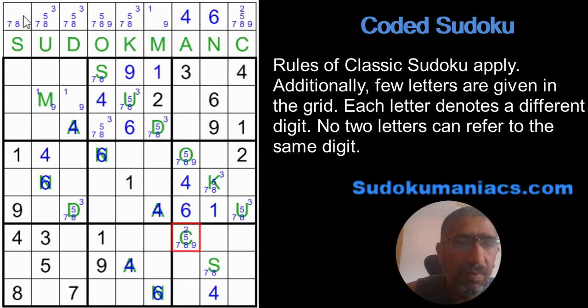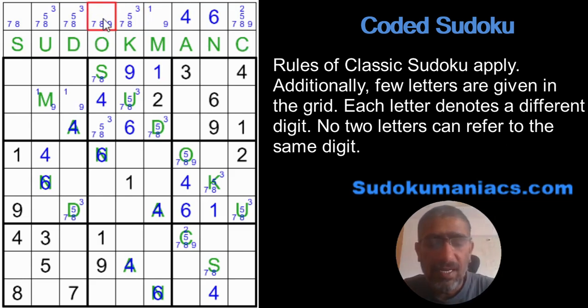This is how I'm using the hidden single for the numbers with the letters. The other way, if you remember, I was speaking about 3, 5, 7, 8. So these four letters, S, U, D, and K, form a quadruplet. So I know for sure these four letters will always denote 3, 5, 7, 8, which means the other letters cannot have 5, 7, and 8. So for O, I can remove the 5, 7, and 8 and make this a 9.